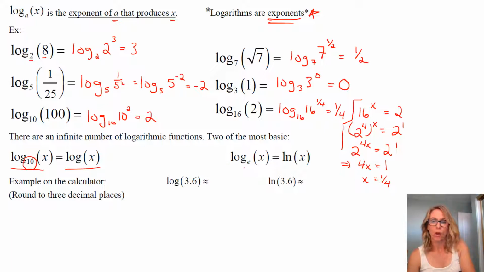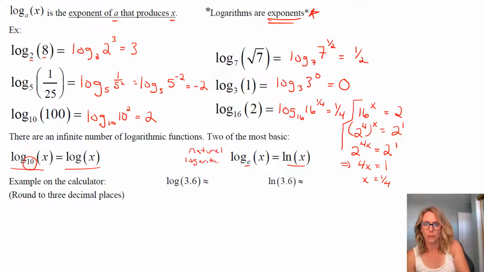If you see log base e, so this e is coming back to us that we saw in the last section, you actually probably won't see log base e because it is so special that instead we say ln. Now, that's because it's considered the natural logarithm.